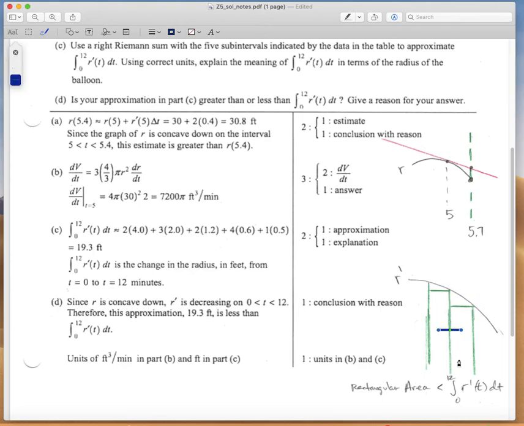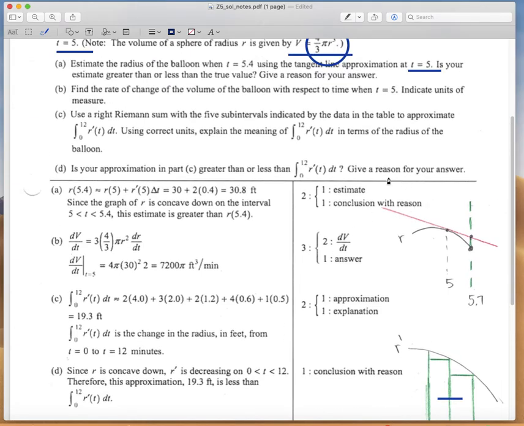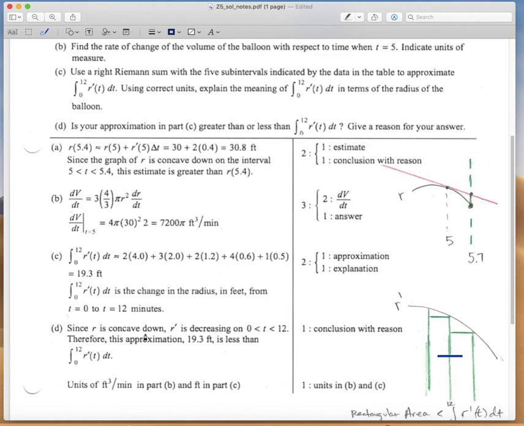The Riemann sum, the right rectangular sum, is an underestimate of the actual area under the curve because I'm missing these little bits of area in here. Okay? So, what else do we need? Give a reason for your answer: because r prime is decreasing. You'd have to justify, since r is concave down, r prime is decreasing.